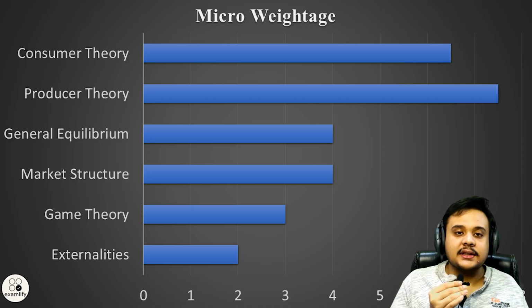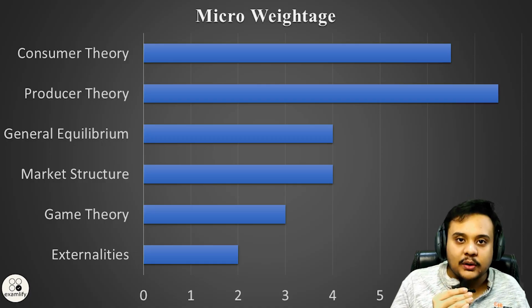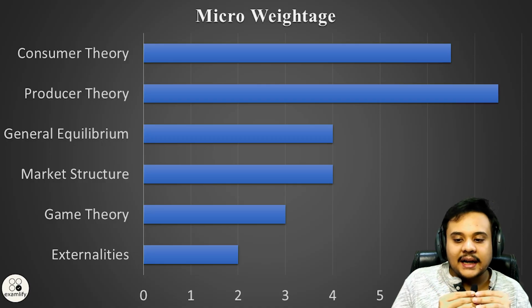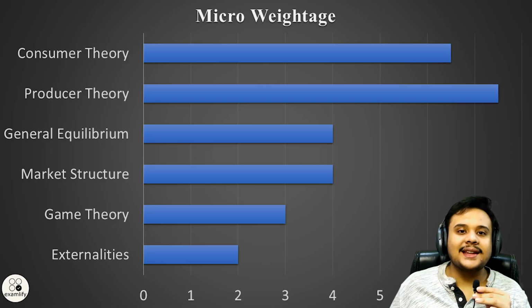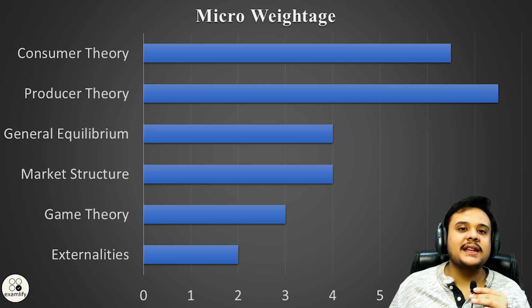Then market structure, again a very consistently asked and a very important topic. You can see numericals out of this, you can see theory out of this, so many types of questions out of this. I know that the coverage of market structure alone is very lengthy, but it will be there. You will see a question on it, and it is also one of the easiest parts, I would say.